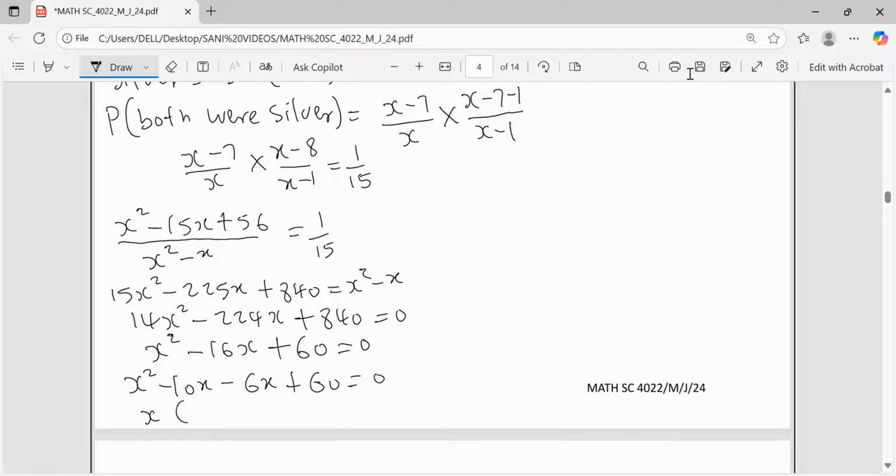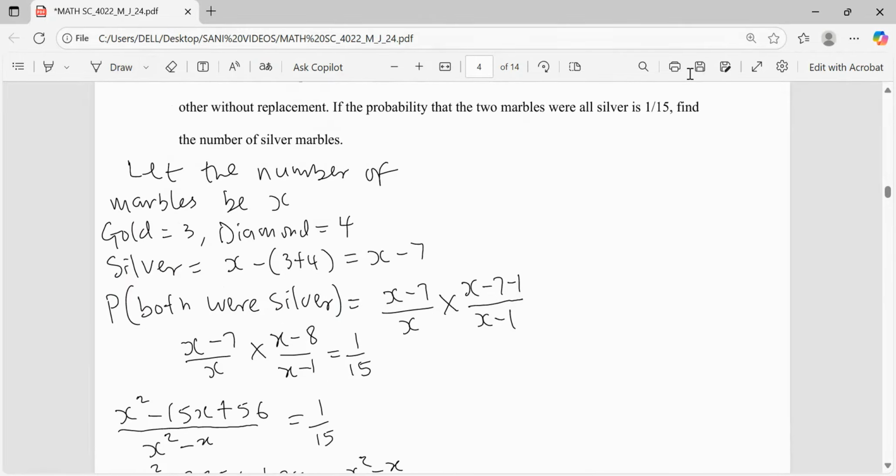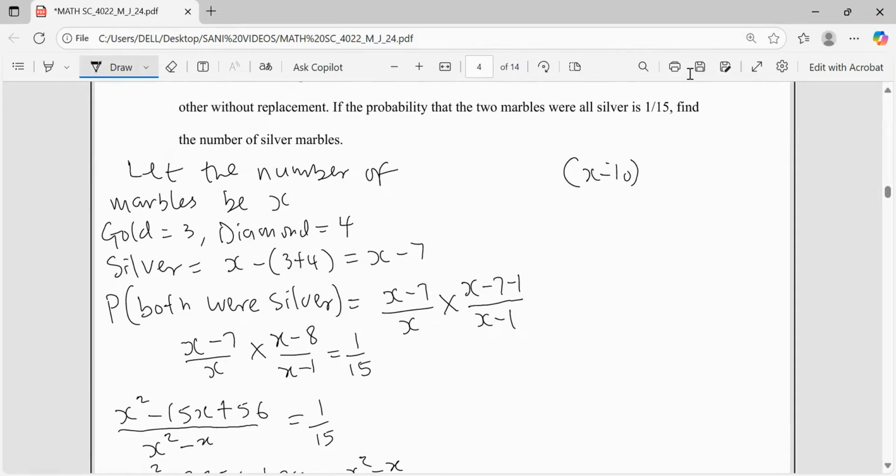You have x bracket x minus 10, then minus 6 bracket x minus 10 equals 0. And we have x minus 10 and x minus 6. So therefore x equals 6 or 10. So x will be equal to 10.